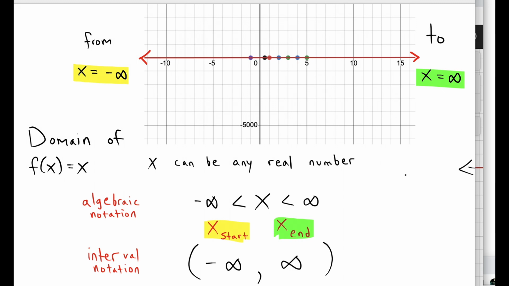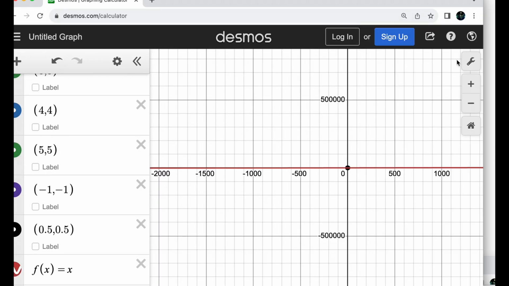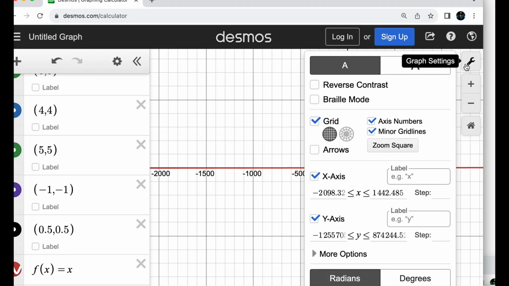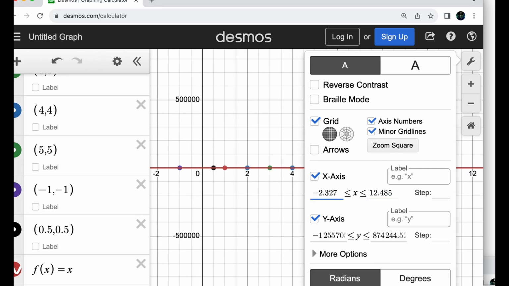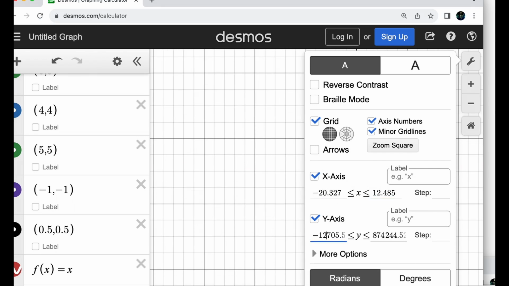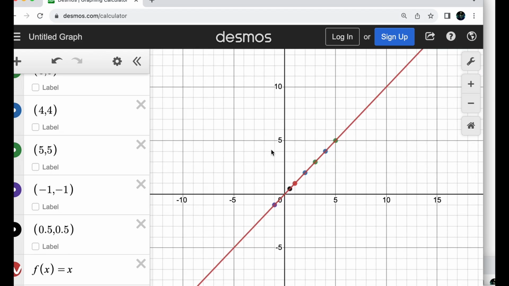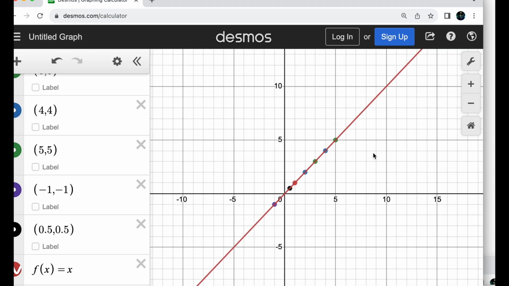Okay, we also have to be able to find the range. So in order to find the range, go back to your graph and let's just go back to the normal view for a minute. You can fix the window to something more reasonable. There's our original function, f of x equals x. We now want to compress it horizontally instead of vertically.